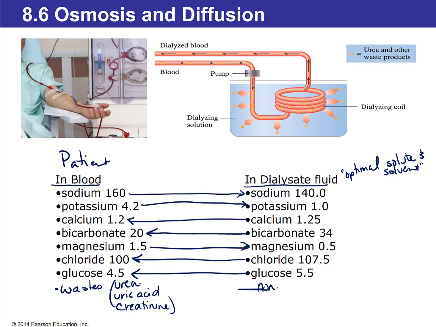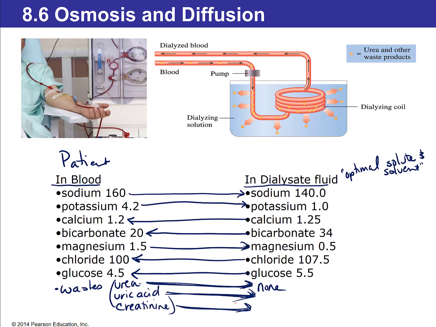And there's none of this in the dialysis fluid. So what happens? It just keeps going. So the urea, the uric acid, the creatinine, they just keep dialyzing, keep diffusing from high concentration to low concentration. You keep circulating and putting in fresh dialysis fluid.